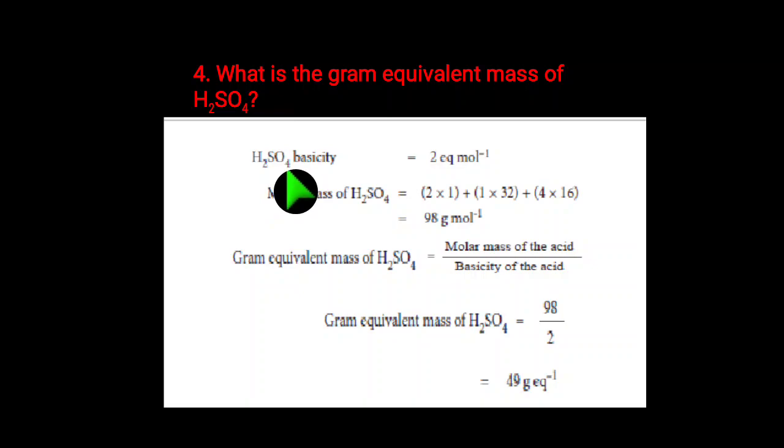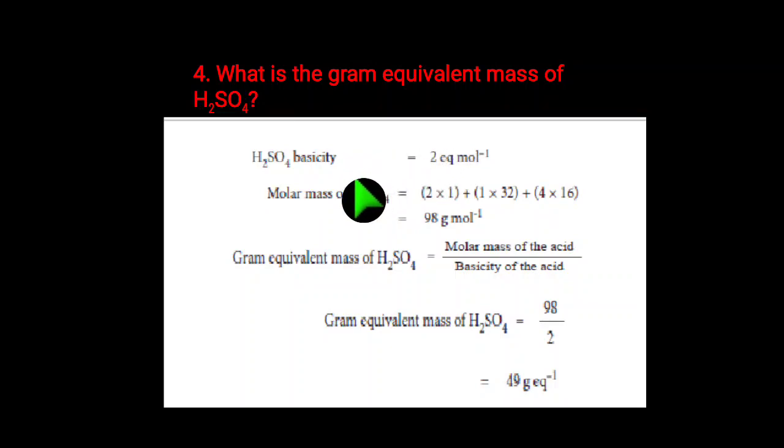So sulfuric acid, molecular formula H2SO4, donates 2 hydrogen. When a base reacts with the acid, 2 hydrogens are replaced, so 2 equivalent per mole.